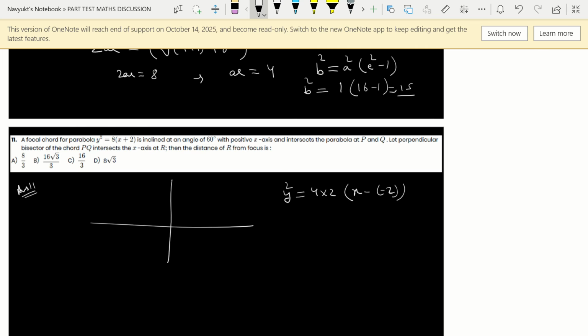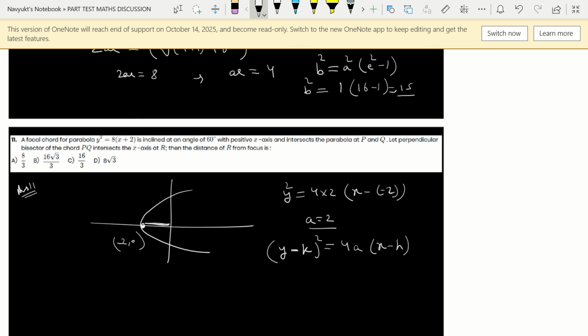Because we know that for a standard general parabola, this equation is y square equals, so this is a horizontal parabola first of all, with a value 2, because it is y minus k whole square equals 4a into x minus h, where h and k represent the vertex of that parabola. The a value is 2, so we get the vertex as minus 2 comma 0. The parabola starts from here, like this, at minus 2 comma 0.